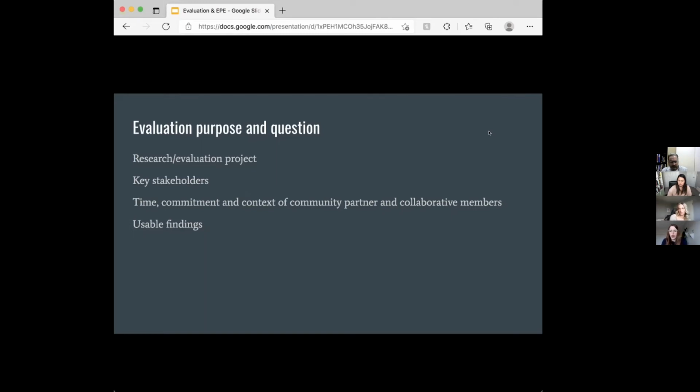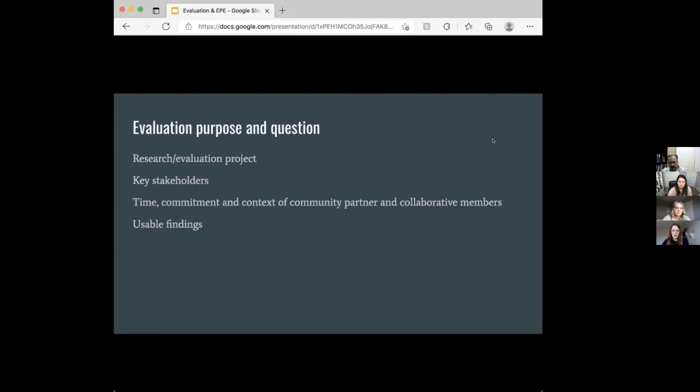So it took a lot of time to navigate the different needs of wanting to conduct this large scale evaluation, thinking about where the table was at, and then also thinking about our desire to learn more in the context of research. So it took us a bit of time to navigate that process, but we did eventually decide that what we were going to do is look only at the collaboration and not answer any of our other evaluation questions. And there were a few reasons that we made that decision.